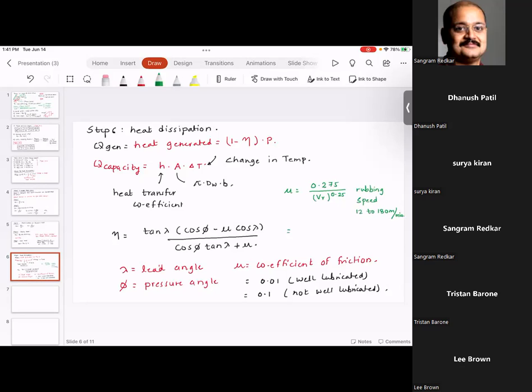And mu is equal to 0.025 plus VR divided by 18,000 for speed more than 180 meters per minute. So these are the equations.